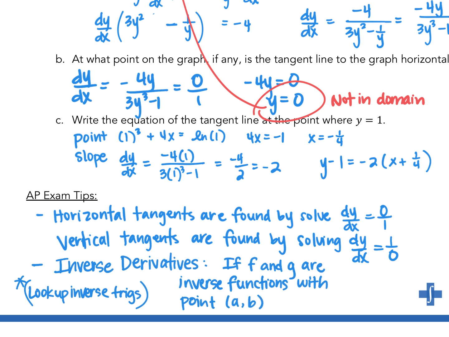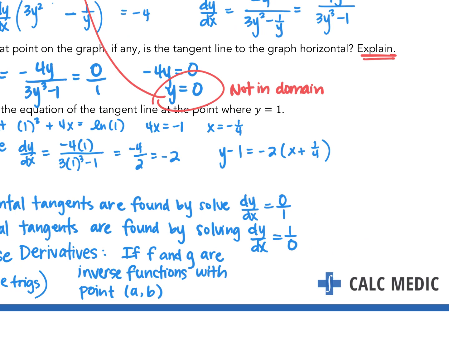In other words, (a, b) is on f, but then (b, a), you switch them around, is on g. If those are inverse functions, then this is how you do inverse derivatives. Then g prime at b is equal to 1 over f prime at a.